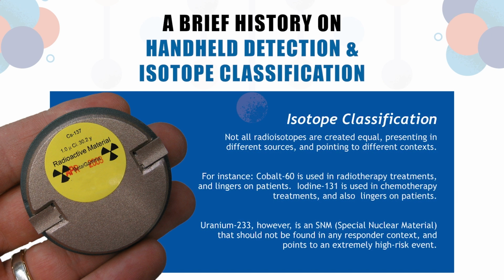Not all isotope identifiers are created equally, and that's what we're going to go over now. Some of them have better resolution, some have better sensitivity, some are small. But again, the need to detect, identify, assess, and then go on was what drove the industry for isotope identification equipment.